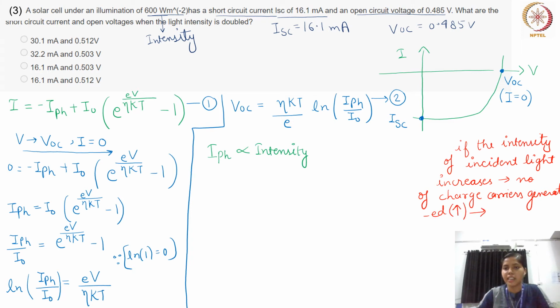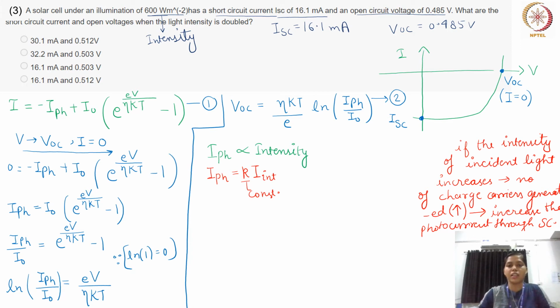This will in turn increase the current, or we can say the photo current through the solar cell. So IPH is directly proportional to the intensity of the sun radiation. We can write IPH equals K times intensity, where K is a constant.